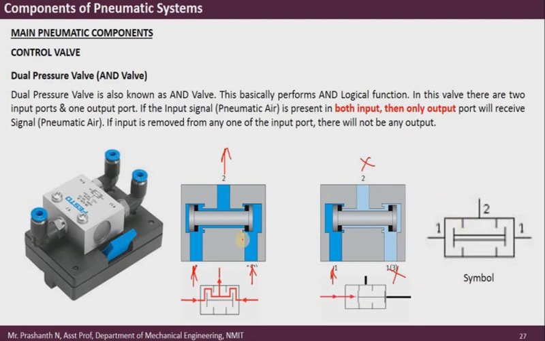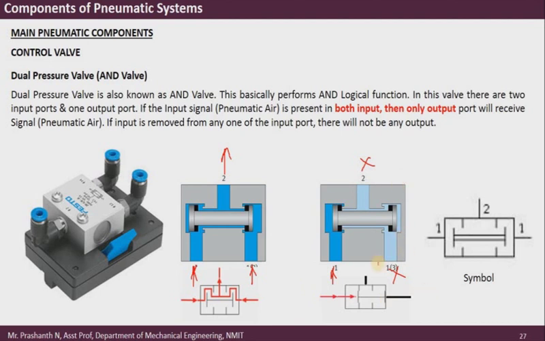Now where will you come across the application of these types of valves? For example, AND logics are very widely used whenever safety of a pneumatic circuit is required, let us say in the operation of a pneumatic press. To ensure the safety of operations, the dual pressure valve or the AND valve is used, such that the machine should operate only if I press two buttons simultaneously.